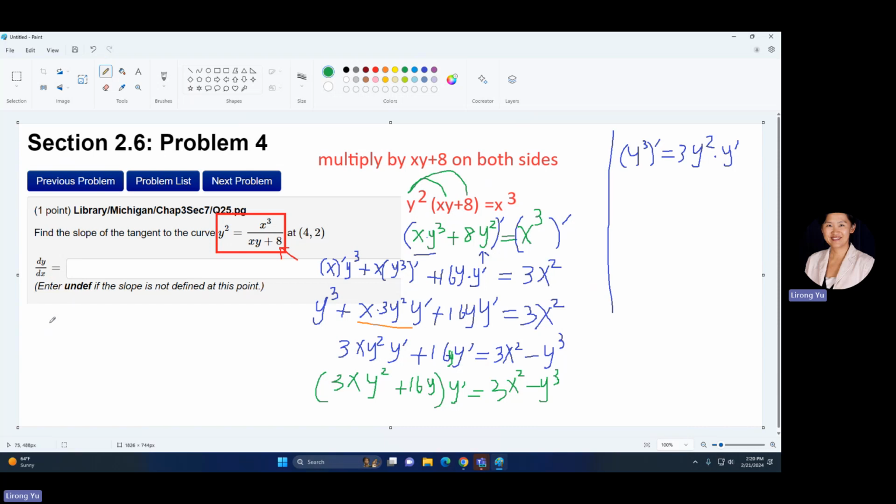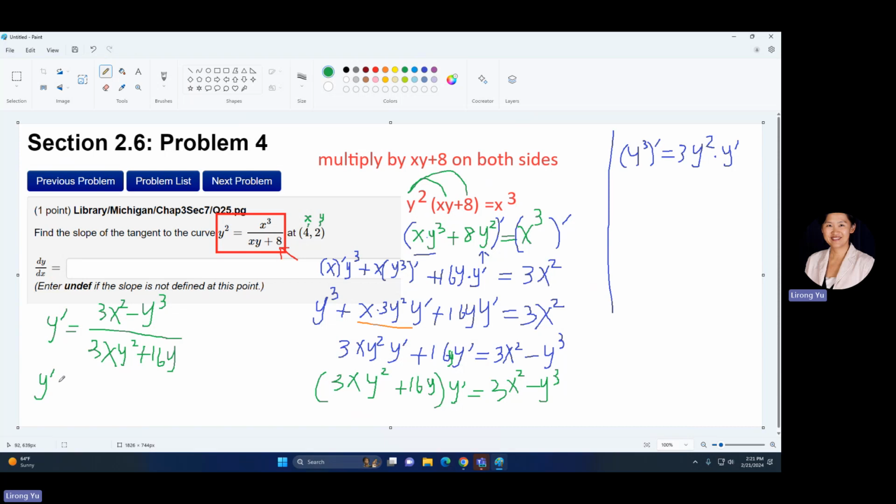And after division, y prime is equal to the division between 3x squared minus y cubed. The denominator is 3xy squared plus 16y. So I finished. And then what we're going to do is make x equal to 4, y equal to 2, and actually finish calculating it at the numbers.